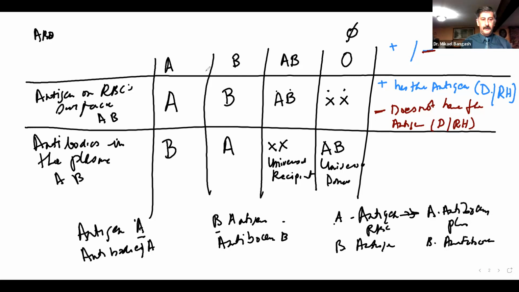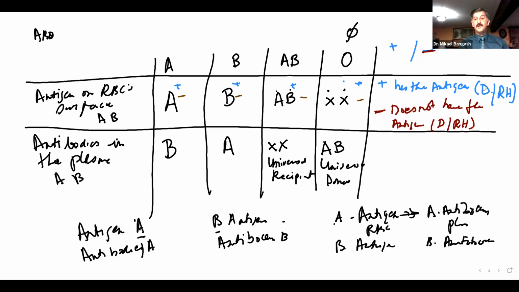So you could be positive of any group. Likewise, you could be negative of any group. What determines whether you are positive or negative is only: do we have this extra antigen? Which extra antigen?